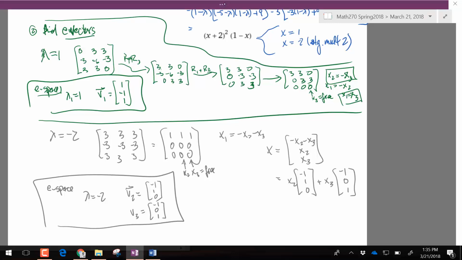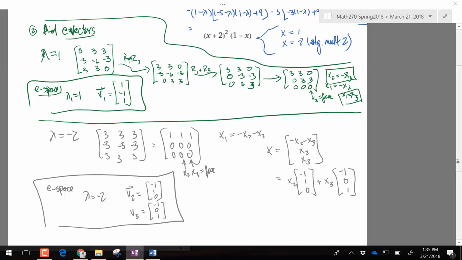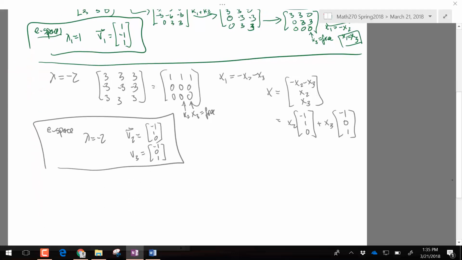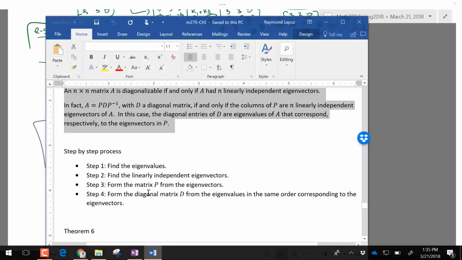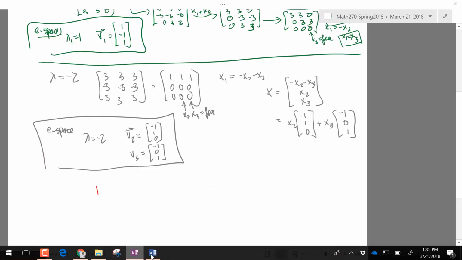All right, now a part that we really want is to figure out our D and our P. So your D vector, oh wait, they want to form the P matrix first. So let's follow the step-by-step process.